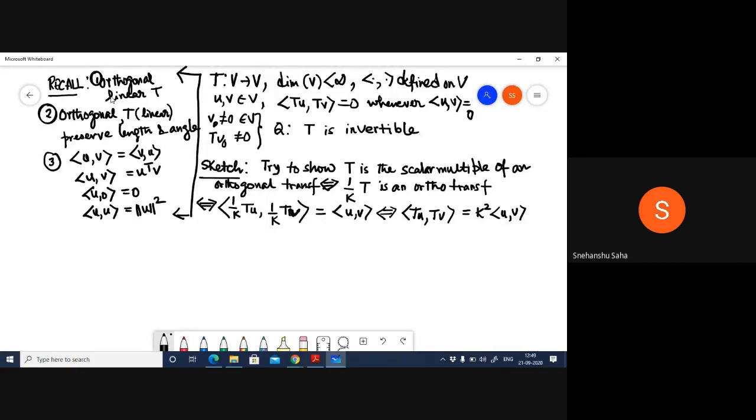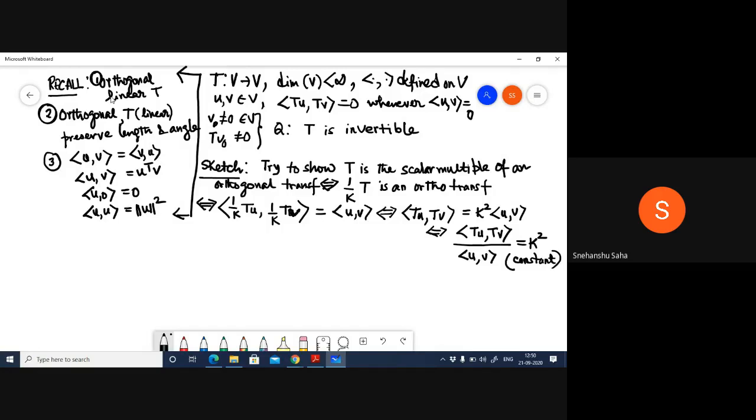Once again, there is an equivalent statement which says that this inner product of TU and TV over the inner product of U and V is equal to k squared, and k, I said, is a constant, a scalar.